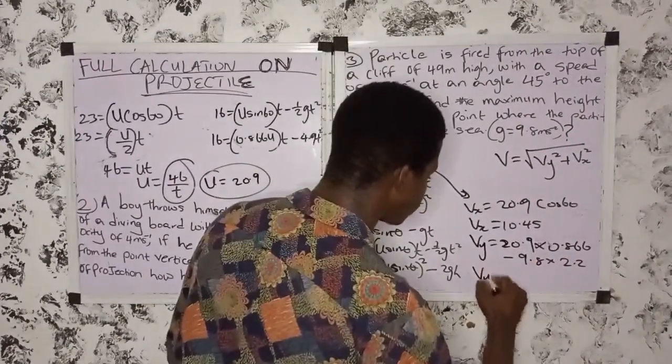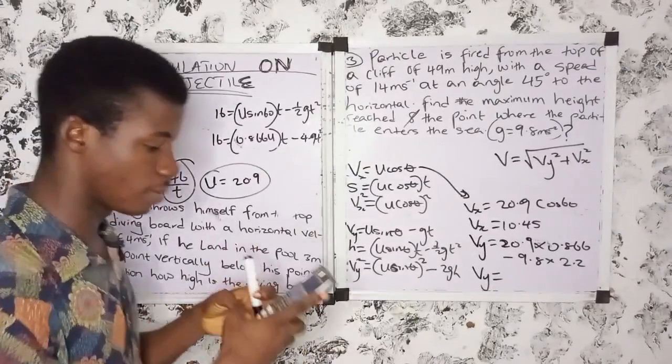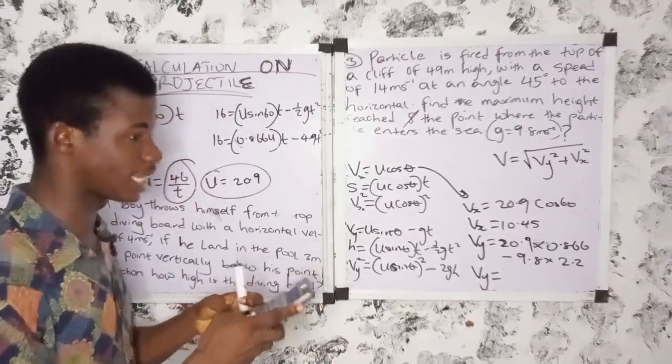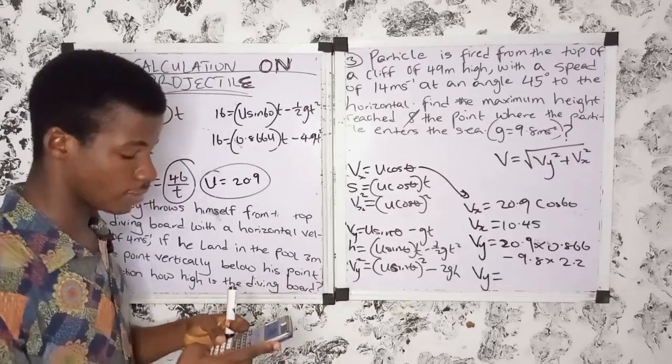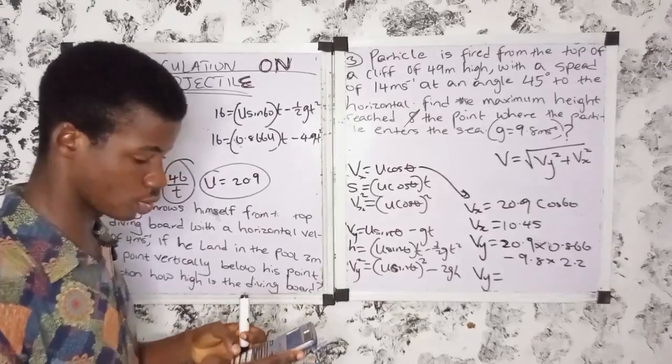Okay, so let's multiply everything. 20.9 times 0.866, then minus 9.8 times 2.2.